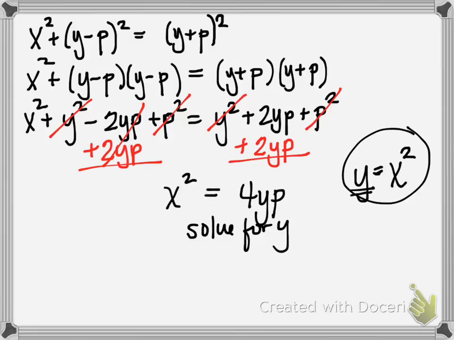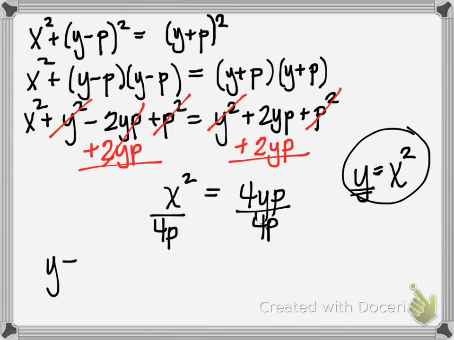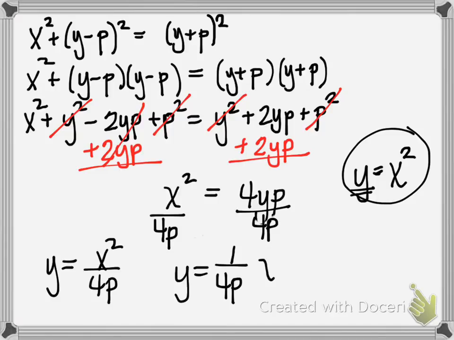In other words, if we're going to solve for y, we need to divide by 4p. So dividing both sides by 4p leaves us with the equation y is equal to x squared divided by 4p. I prefer to write that as y is equal to 1 over 4p times x squared.